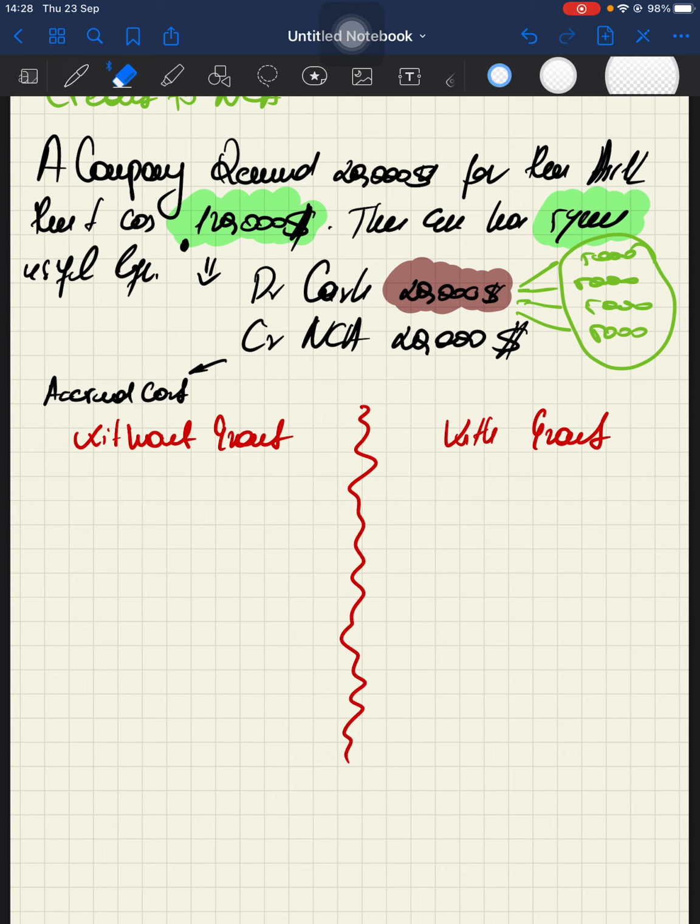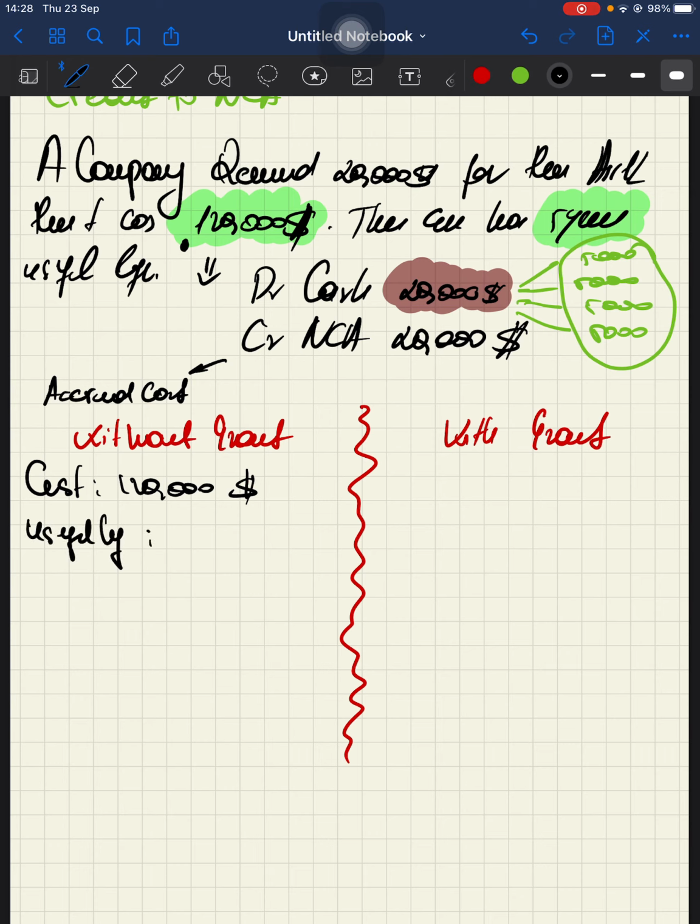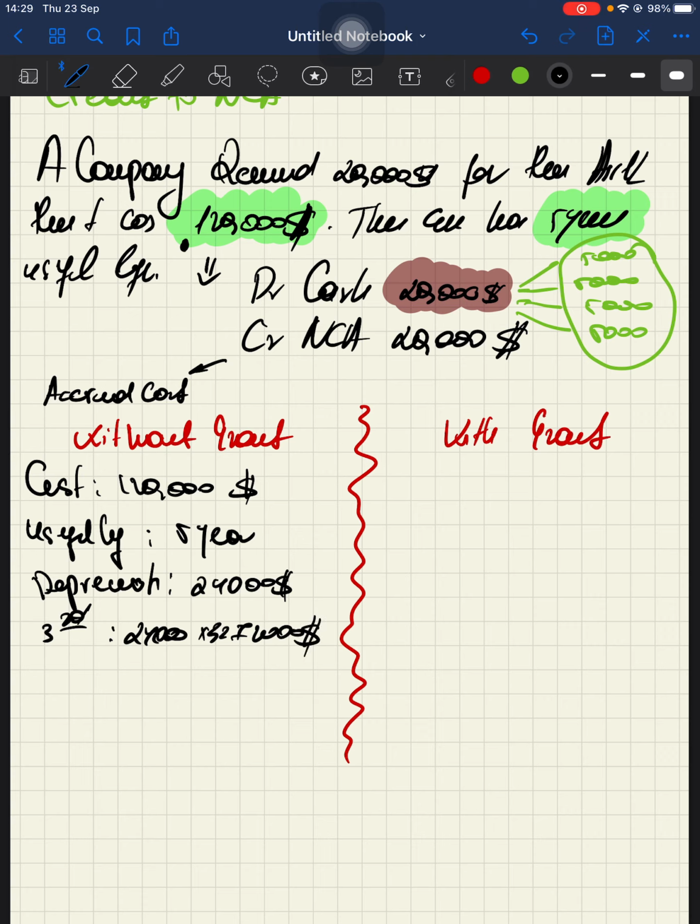So in the first example, we know that the cost of the asset is $120,000. It has a useful life of 5 years. So the annual depreciation is $24,000. Let's assume that at the end of the third year, 24 multiplied by 3 gives us $72,000 of accumulated depreciation.